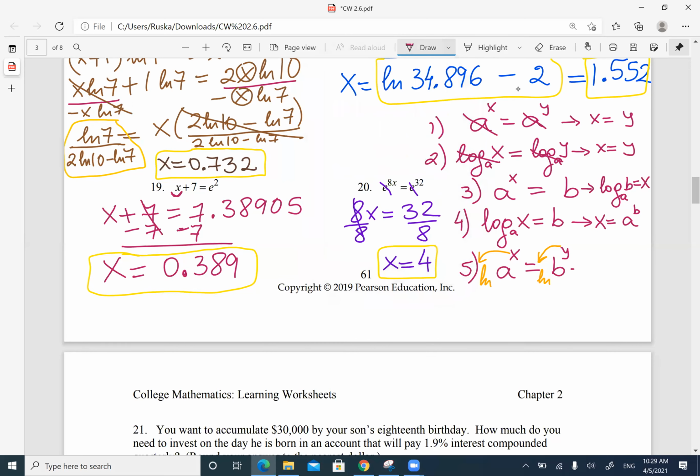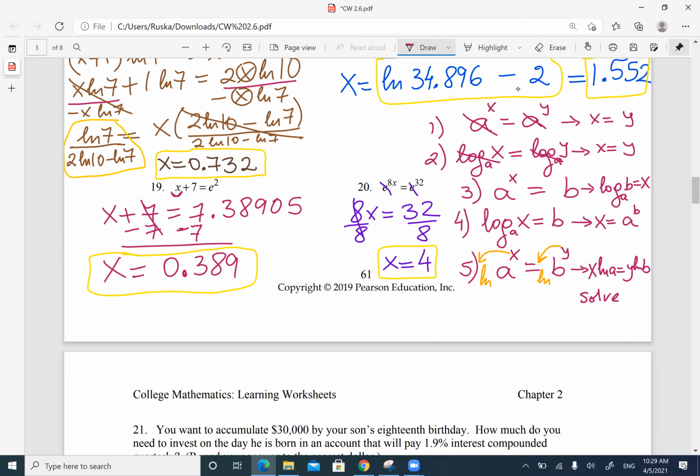So we're going to get x ln of a equals y ln of b. And you just solve it from here, solve for x.